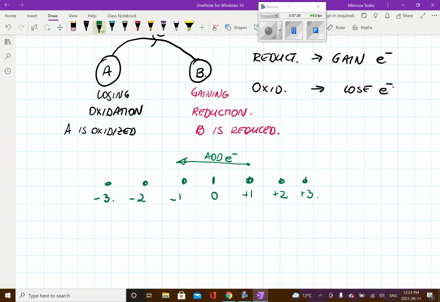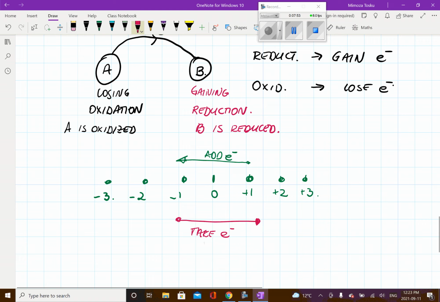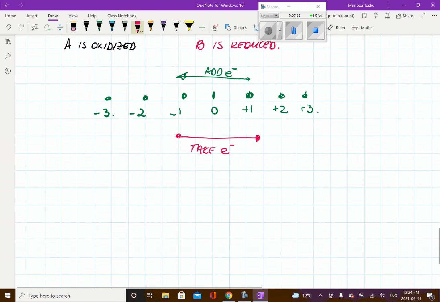And when you take electrons away, then you become more positive. And again, this may still be confusing, so to help you memorize this, we have 2 acronyms.